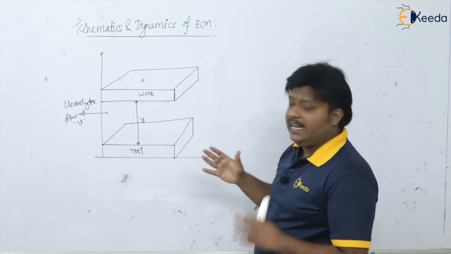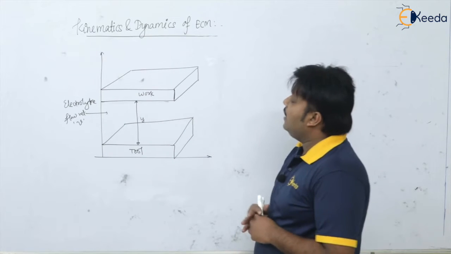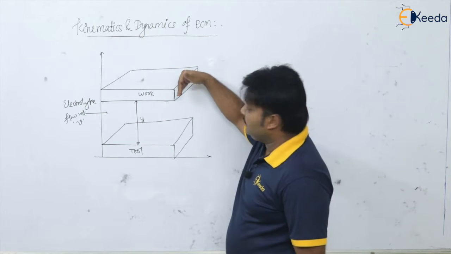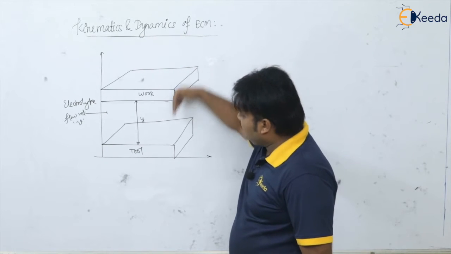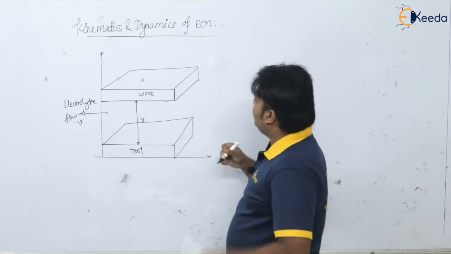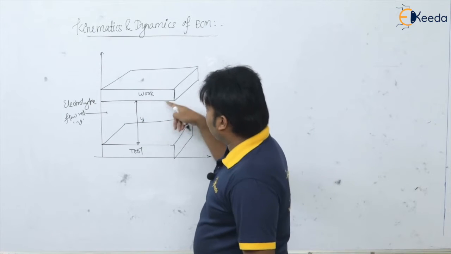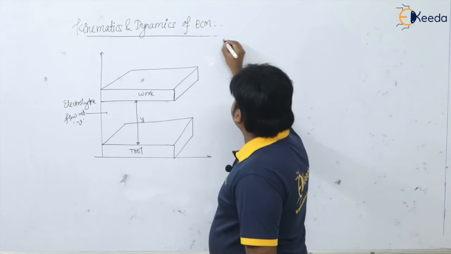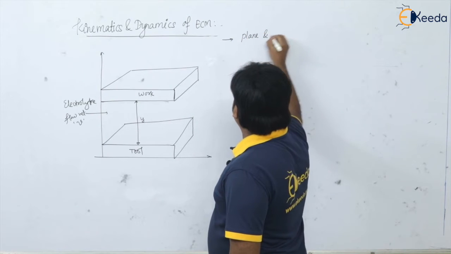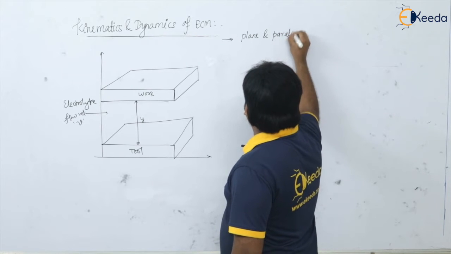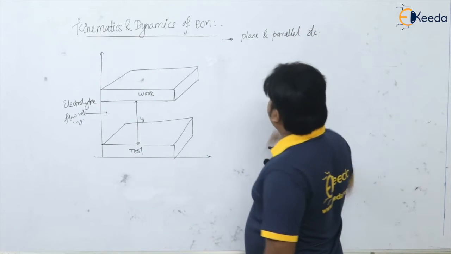Okay, so see here, as shown in the diagram, we have a set of electrodes which are plane with parallel surfaces, and the work is moving with a constant feed velocity in the negative y direction, normal to the surface of these electrodes.